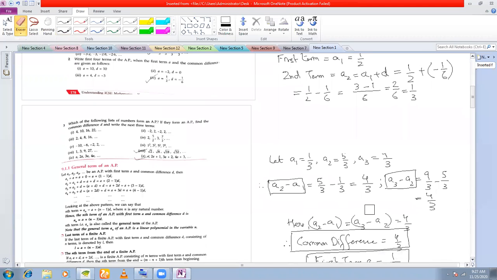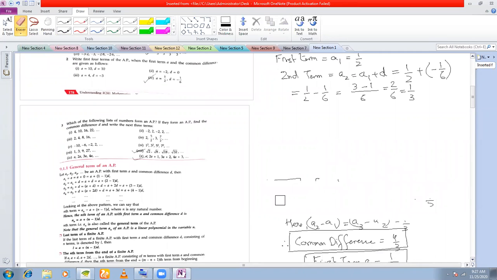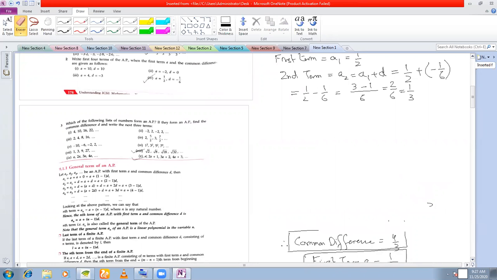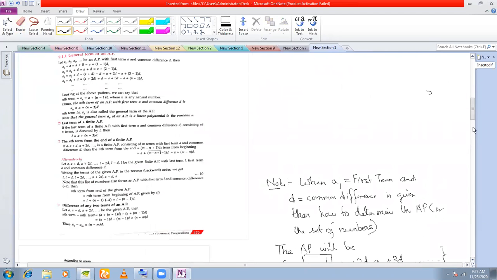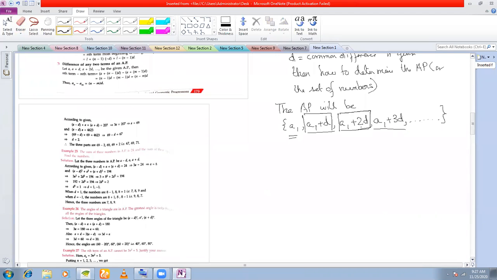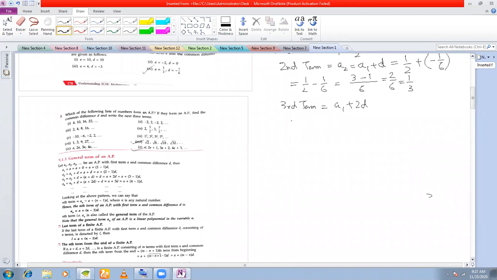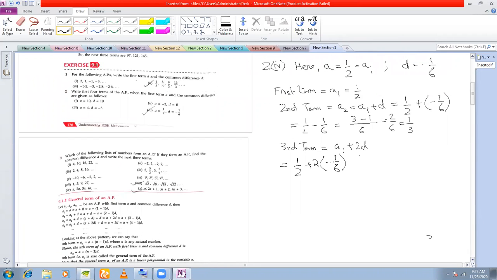How about the third term? Third term is A1 plus 2D. If you see in this formula that I have given, the third term is A1 plus 2D. So this is half plus 2D, which is half minus 1/3.